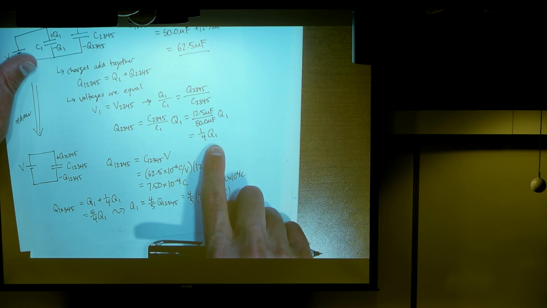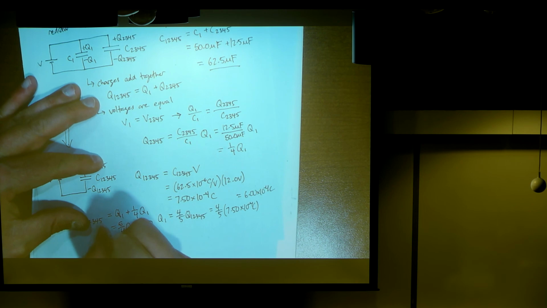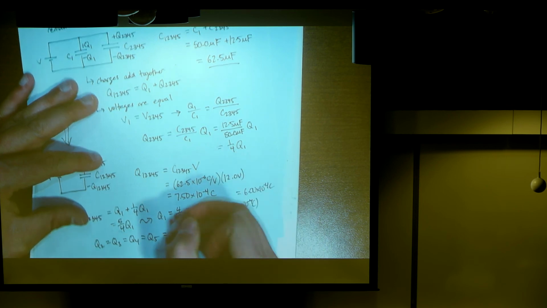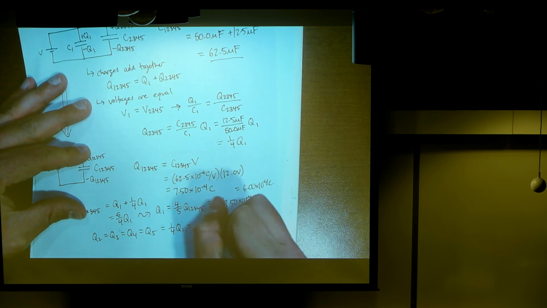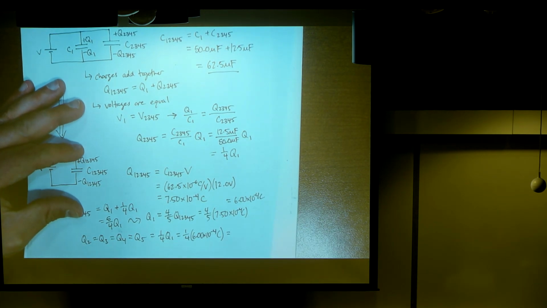So all of those individual charges of 2, 3, 4, and 5 are the same. And they're equal to 1/4 of Q1. So that's 1/4 of what we just found, which is 6 times 10 to the minus 4 coulombs. What does that give us?